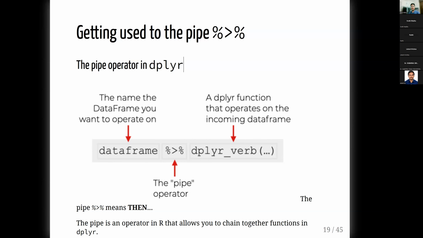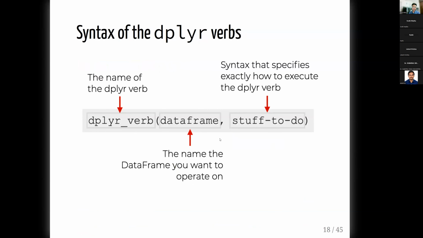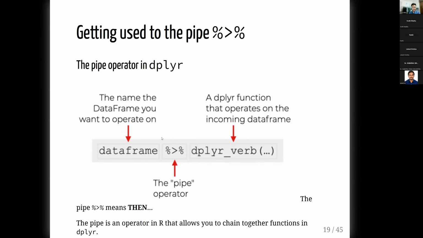Similarly, this pipe operator is going to say: take whichever is there on the left side, and then do this to it. This is the original syntax. We are saying this is the verb, this is the data frame, and this is what you have to do. Instead of that, you're going to say, take this data frame and then do this to it.